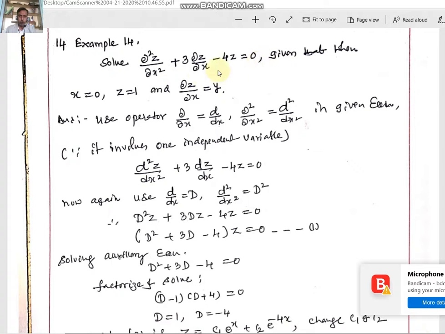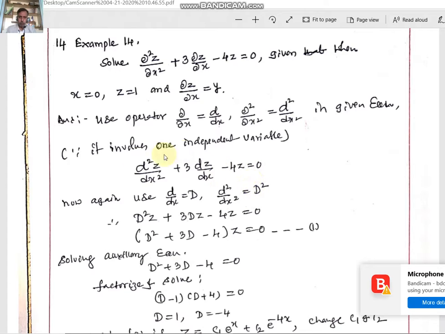So easily we can transfer this to an ODE by choosing dou by dou x equal to d by dx, dou square by dou x square equal to d square by dx square. So then it becomes d square z by dx square plus 3 dz by dx minus 4z is equal to 0.